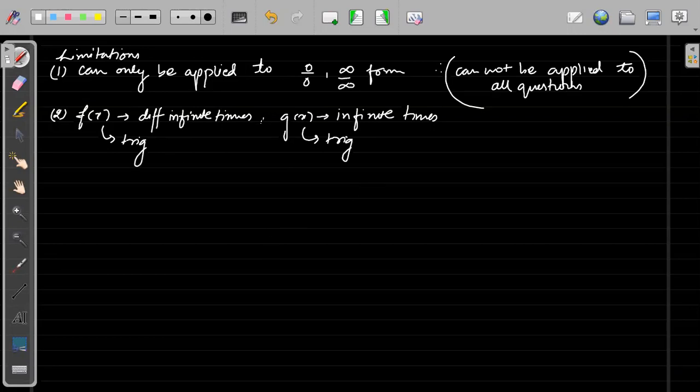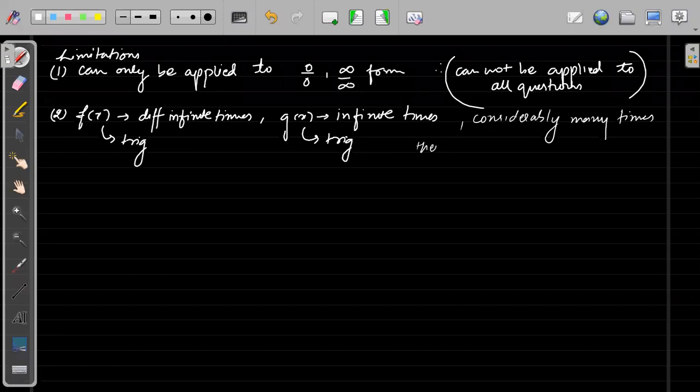So if this is the case, if the numerator and denominator have to be differentiated infinite times or considerably many times, then we won't use L'Hopital's rule.